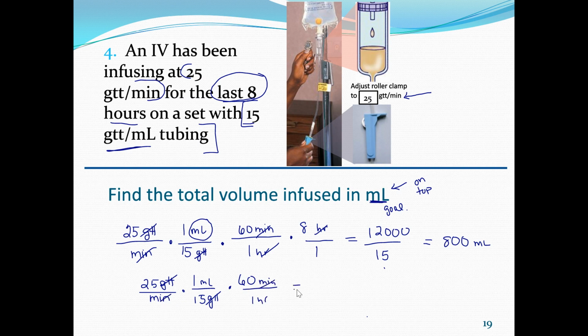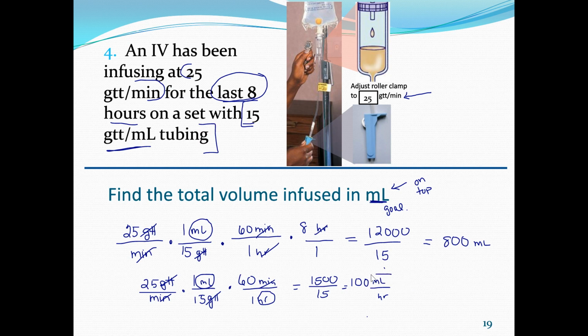And so now I'm going to do my math. 25 times 60 is 1,500 divided by 15. There are 2 labels left, milliliters and hours. And so that gives me 100 milliliters per hour, which is a different way of describing how fast this IV is running. But it's truly the same rate. Okay, so if I run this IV at 25 drops per minute or 100 milliliters per hour, the fluid is flowing at the same rate.